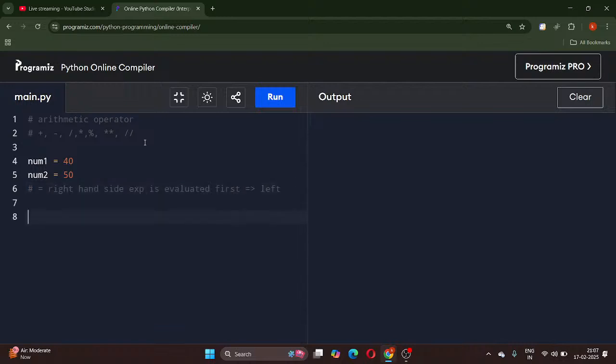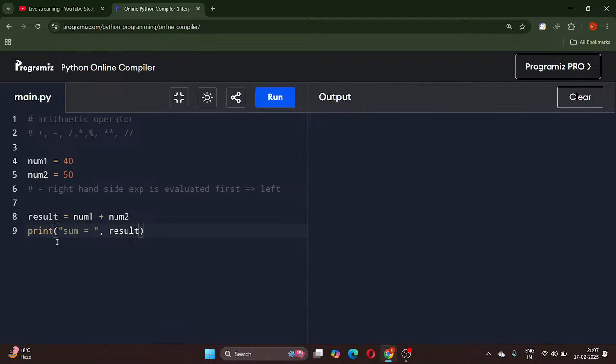Now suppose we have another variable called result, and inside this result variable we are going to keep the sum of number 1 and number 2. The plus operator is a binary operator which calculates the sum, and then you can store it inside the result variable and print it out. So let us print: sum is equals to, and the value of result.